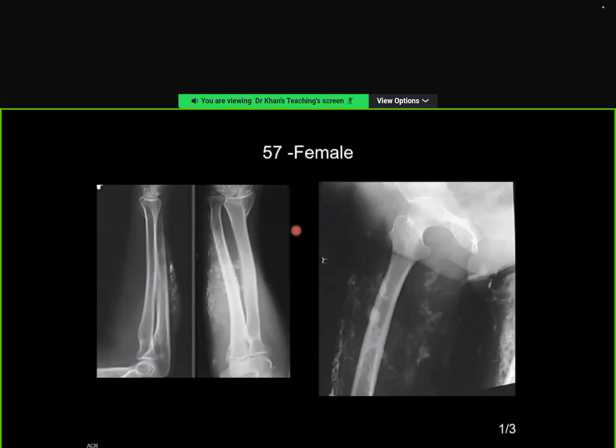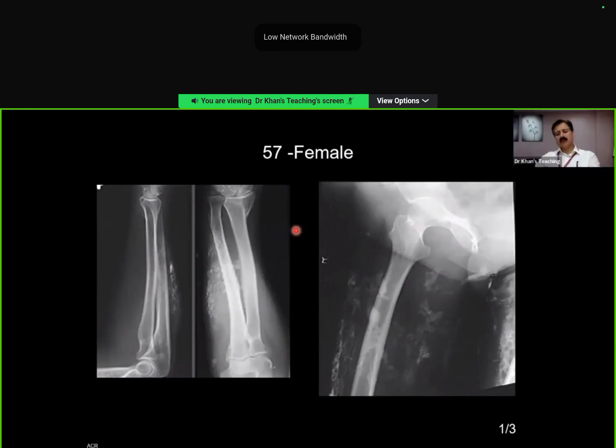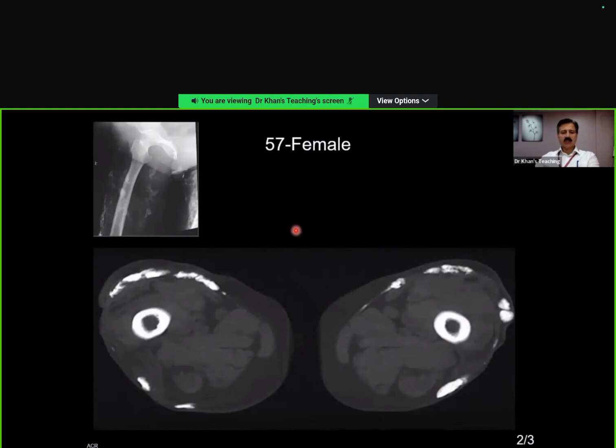In both the visualized limbs, there's extensive soft tissue calcification. The myofascial planes, I think this is likely to be secondary to myositis given the distribution. Right. So this is what we call sheets of calcification.